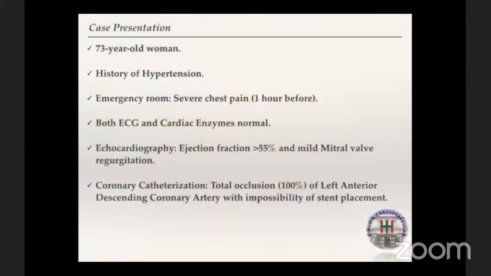A 73-year-old woman with a history of hypertension is brought to the emergency room with severe chest pain that began 1 hour before. Both the electrocardiogram and the cardiac enzymes were normal. On TEE, just a mild mitral valve regurgitation was observed. A coronary catheterization is decided.